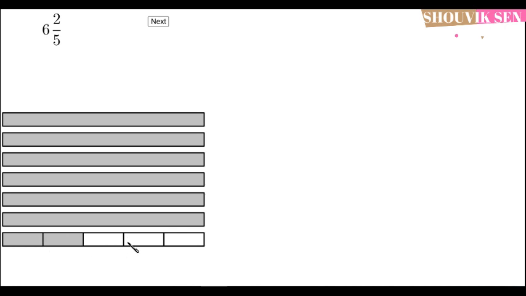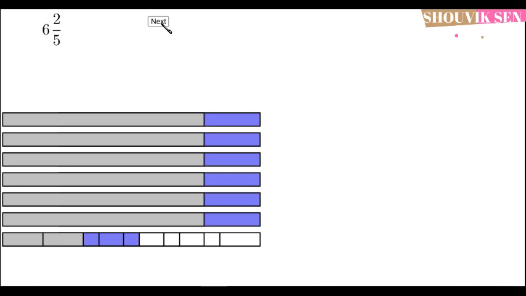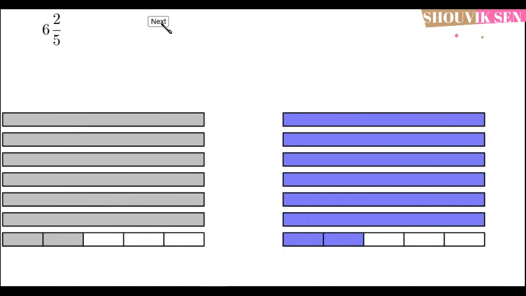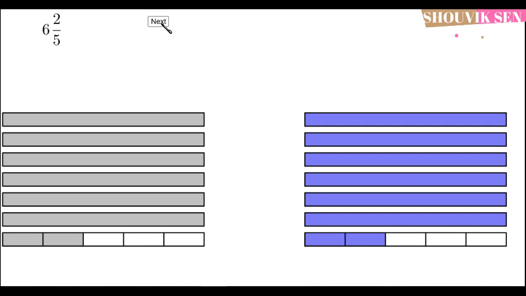So now obviously here we are doing a division by 5, so all the 6 blocks we are going to divide into 5 parts. All right. So let's copy it, and we shall divide the entire thing into 5 blocks each.